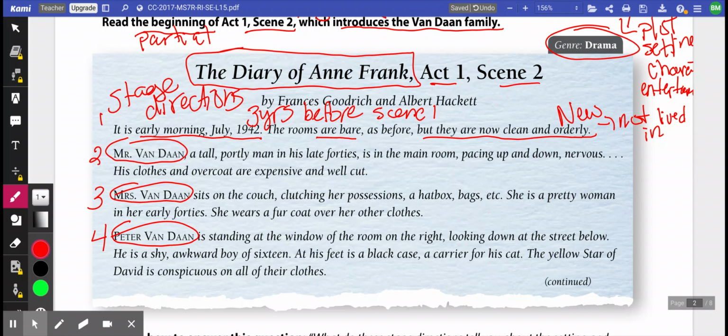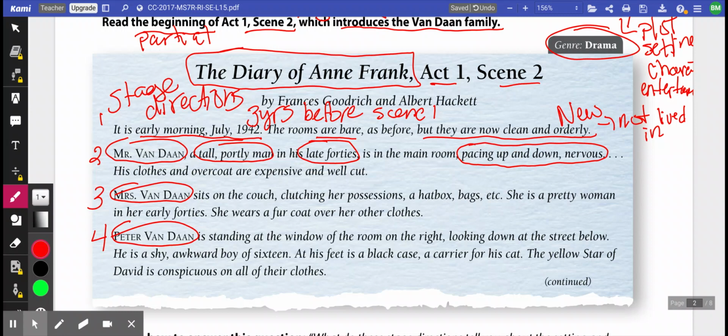Portly is kind of hefty, a little bit thicker. So a tall, portly man in his late 40s. Another big character trait that I see for him is that he's pacing up and down and nervous.